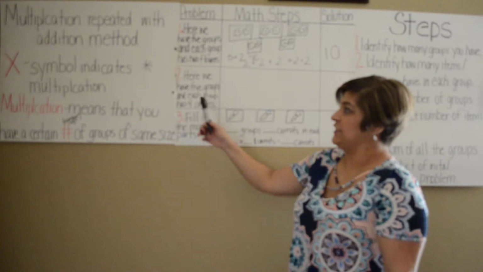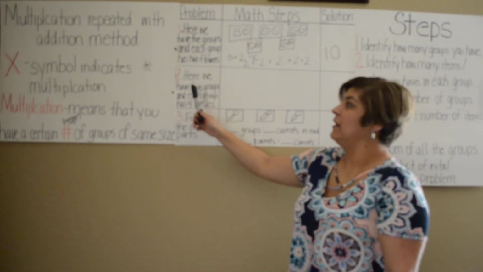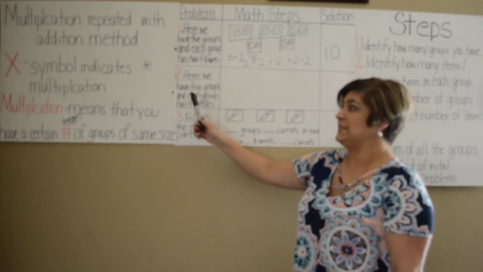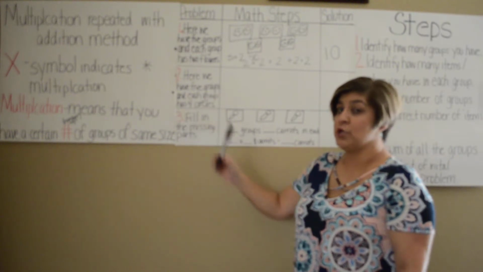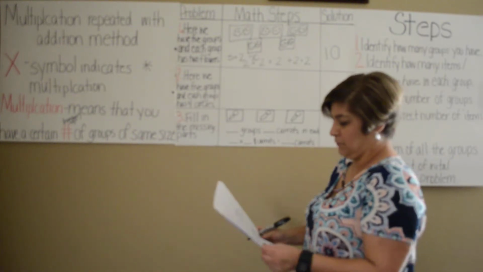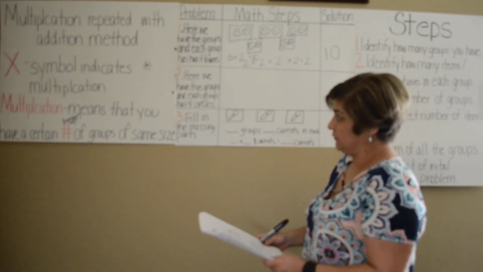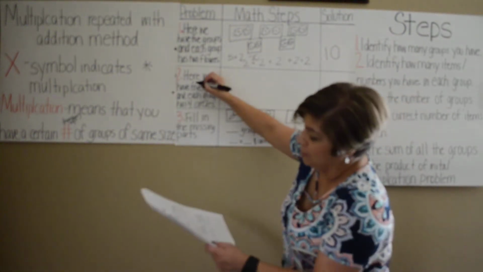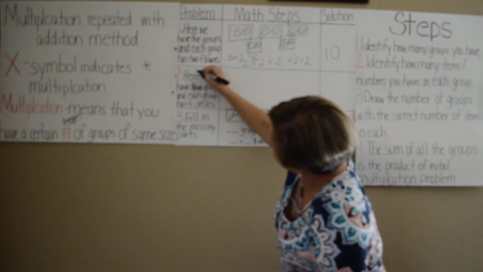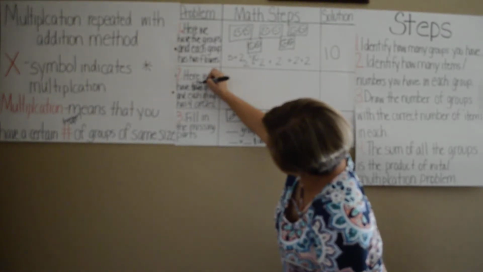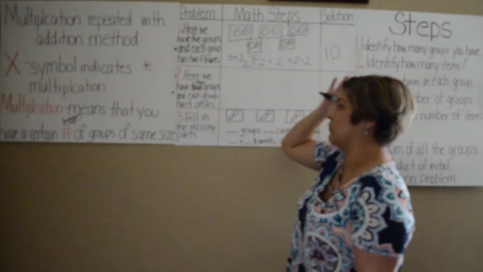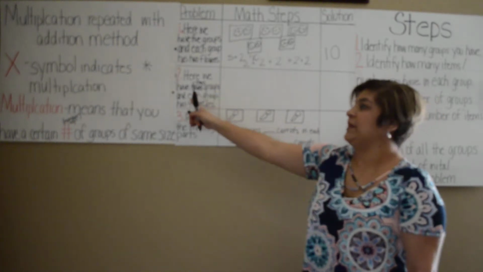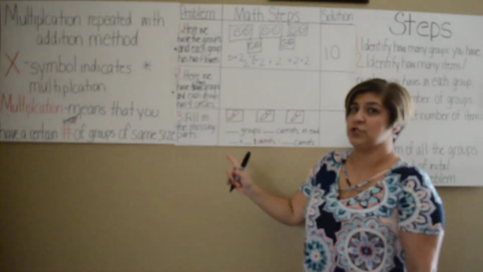Our next question is, here we have 5 groups, and each group has 4 circles. I'm sorry, here we have 3 groups. So we have 3 groups, and each group has 4 circles.